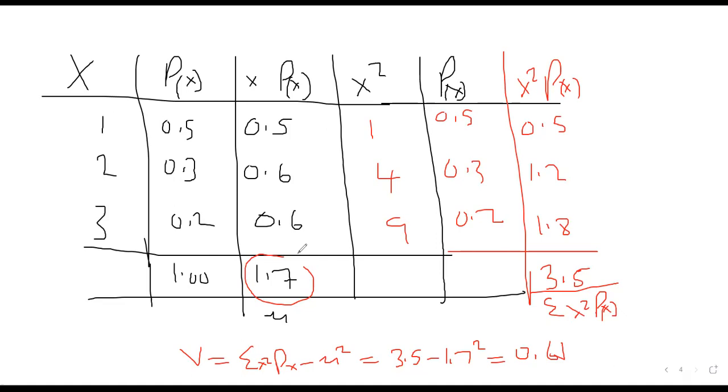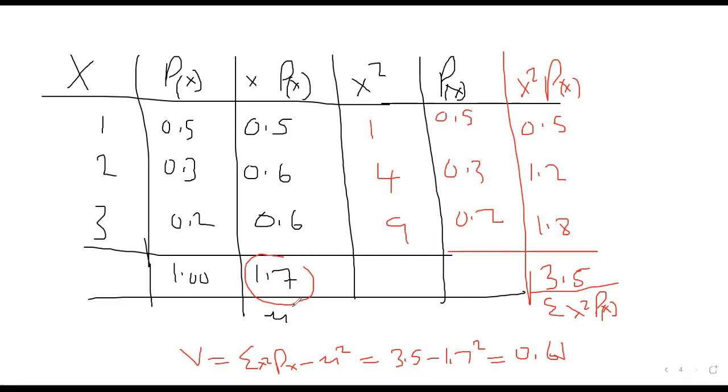We multiplied the probability of x times the random variable x, then we sum up. This times that, this times that, then we sum up. That is how we find the mean, correct?